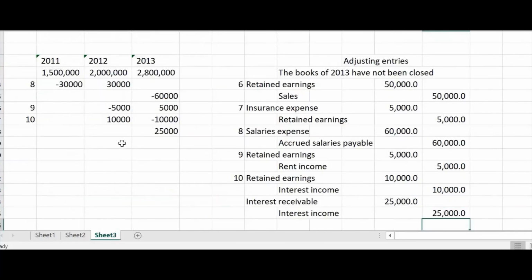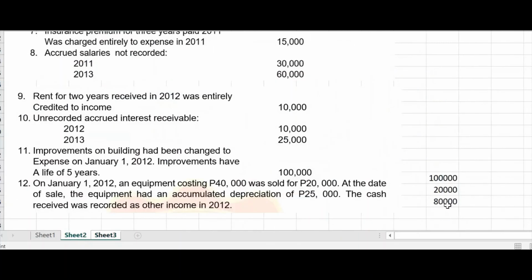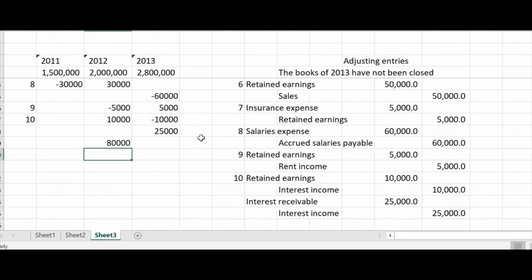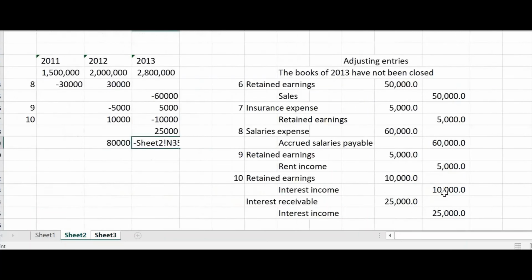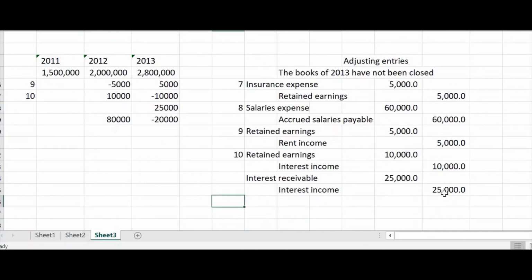That's for 2012. Okay, so understated yung net income mo by 80,000. Okay, pero for 2013, understated din yung expense mo, no? So, kasi di ka nakapag-record ng depreciation by 20,000. Okay? So, how could we adjust this error, no? Okay?